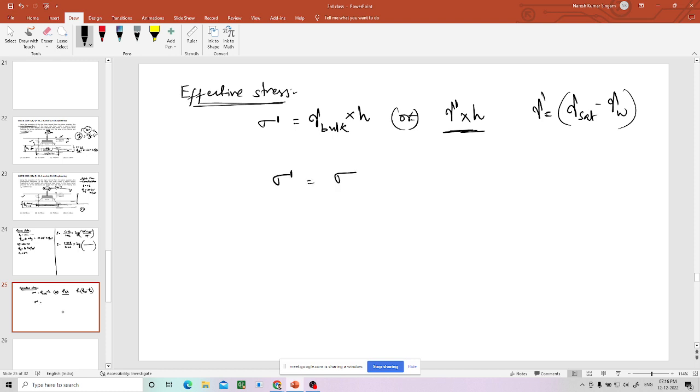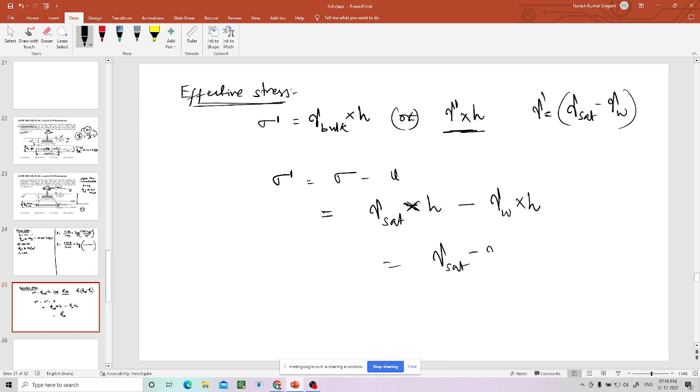Effective stress is nothing but total stress minus pore water pressure. What is total stress in case of water table? You will calculate gamma sat into H minus pore pressure, which is nothing but water pressure. Water pressure is gamma W into H. So H is anyway common.